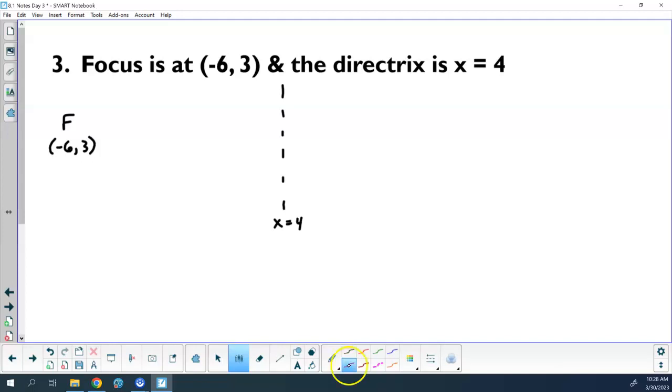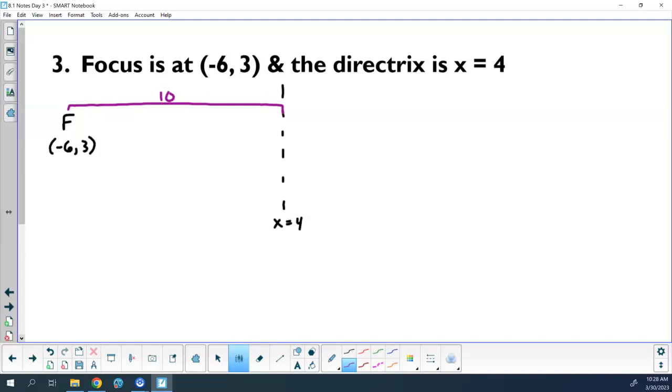What is this total distance? That distance is 10, right? Is that P? Why not? Because it's not from the vertex. Right? So half of that is P. Because the distance from the focus to the vertex is the same as from the vertex to the directrix.